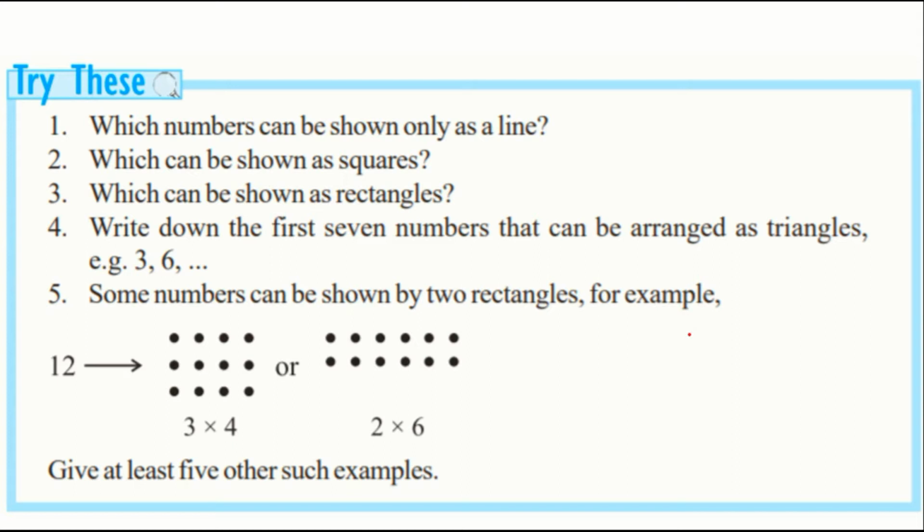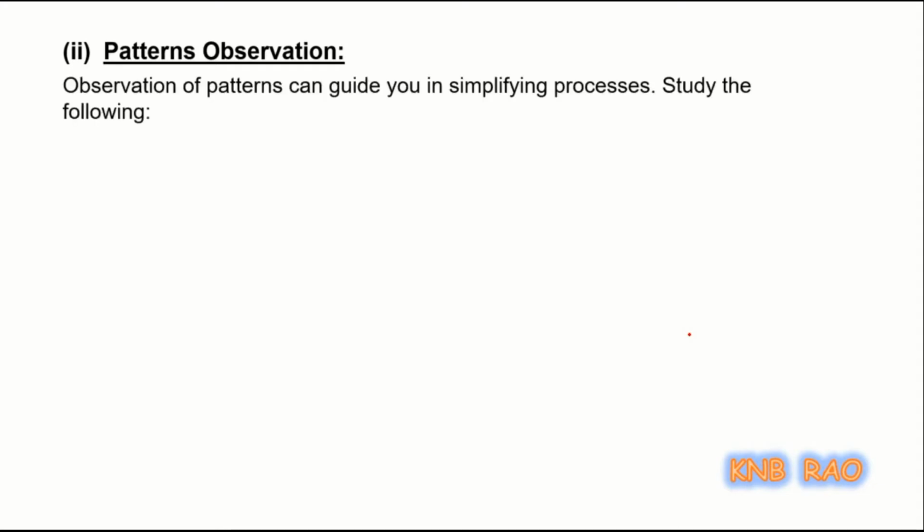Now, we will go with the second pattern, that is pattern observation. Here I will be providing you some patterns you need to observe and find out the logic behind them. Observe the patterns that can guide you in the simplifying process. Study the first one, adding 9 to any number.